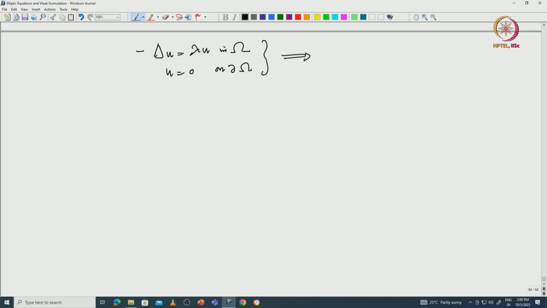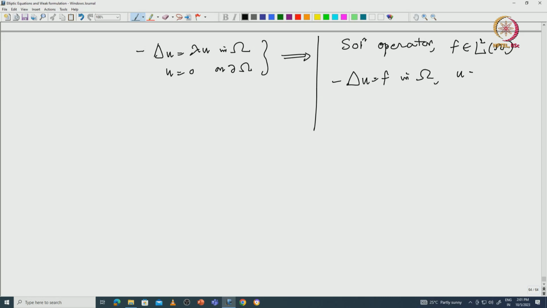We were discussing what is called the solution operator. Starting with f in L2, you solve the equation minus Laplacian u equal to f in omega, u equal to 0 on d omega.